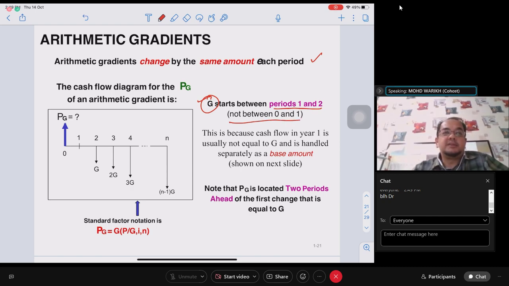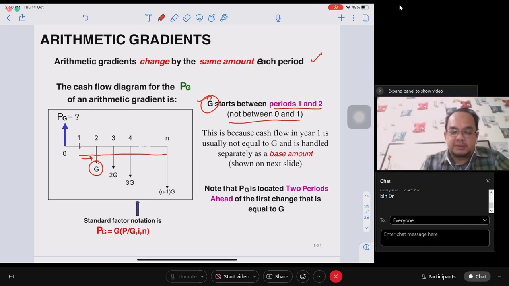Why? Let me give you the example. The gradient starts here at year 2, between 1 and 2, because the year 1 is the base number. Then the difference between year 1 and year 2 is the gradient.